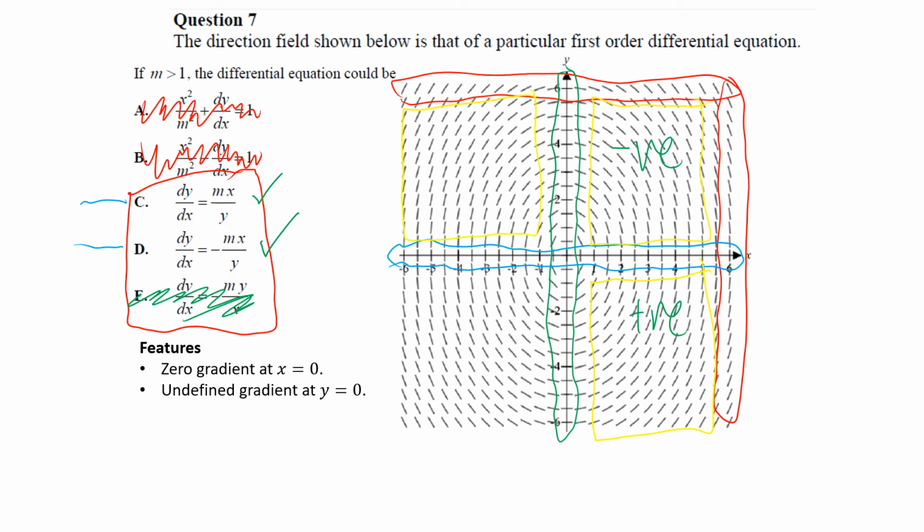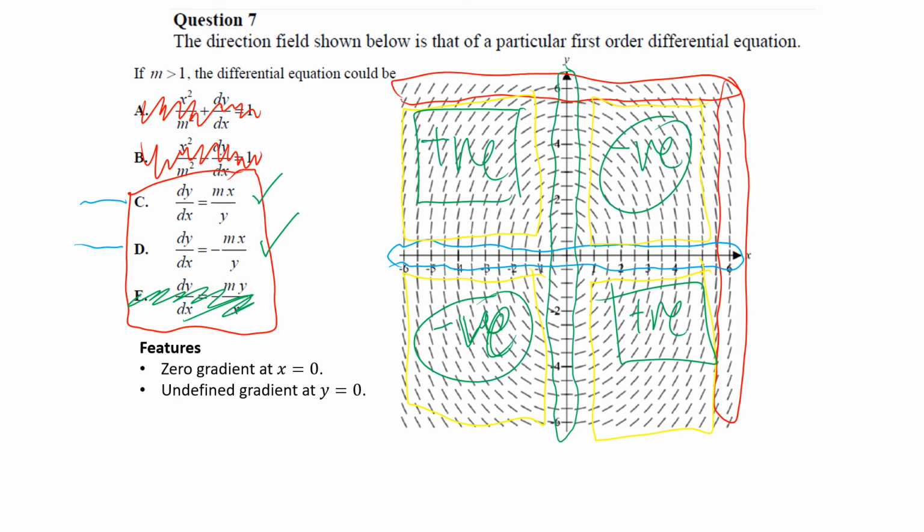When x is negative and y is positive, you've got a positive slope, and when they're both negative, your slopes are negatively sloped. So these are negative and these are positive. What could match those situations?